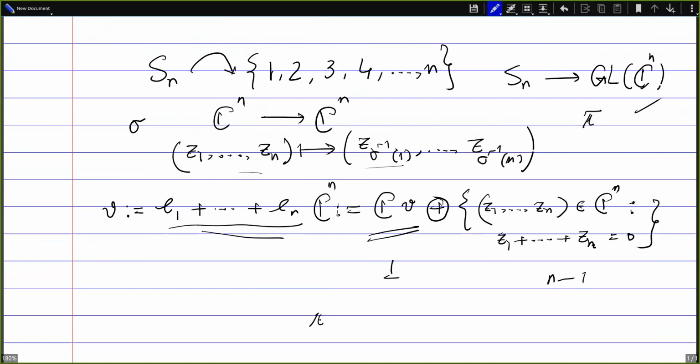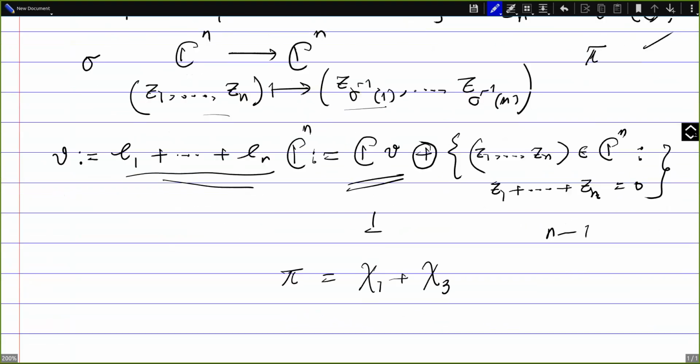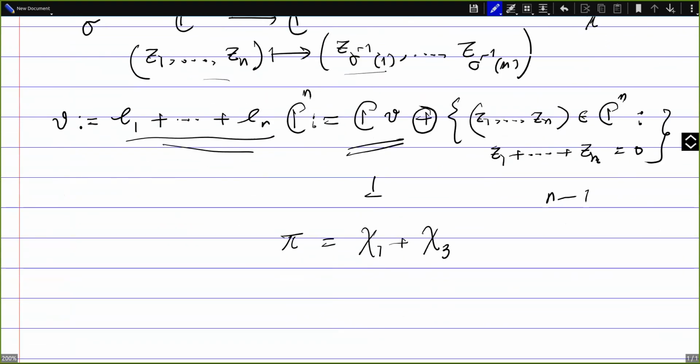That forces pi, the character of this representation, to be the trivial one plus another character. A priori we do not know whether this is irreducible or not, but the character of this representation, let us denote by chi3. So chi3 of g becomes pi of g minus 1.